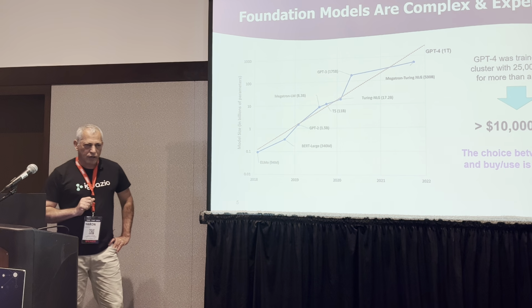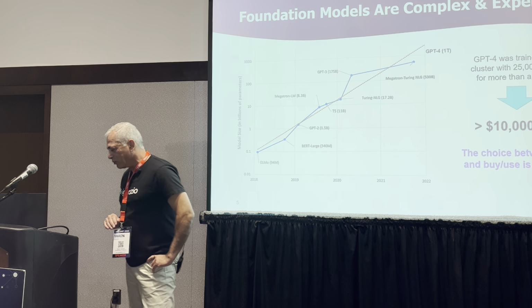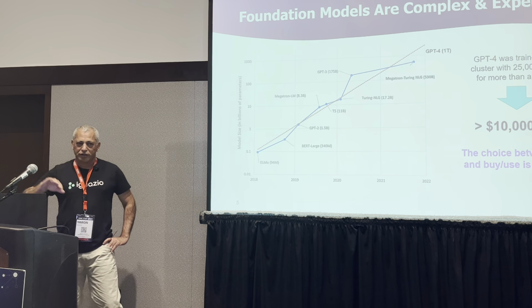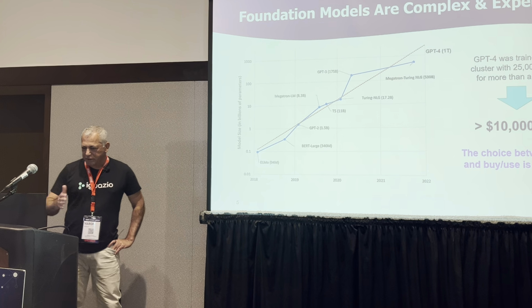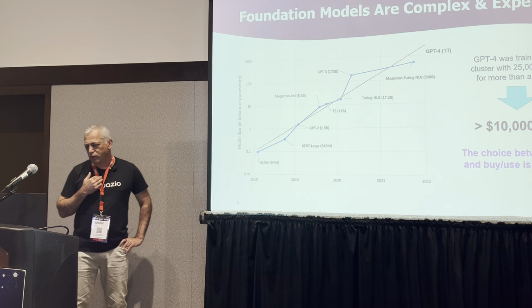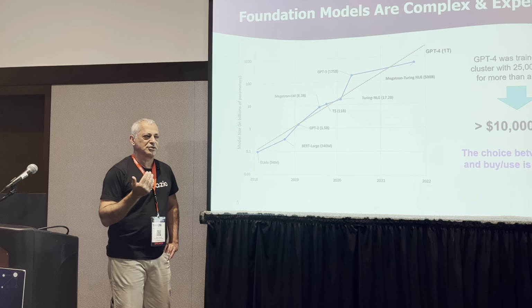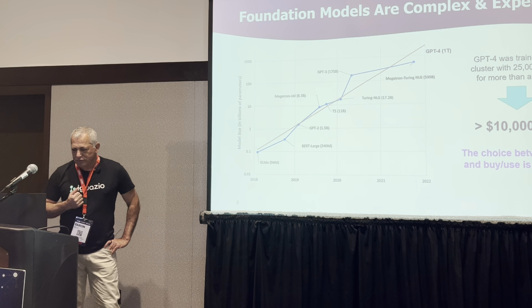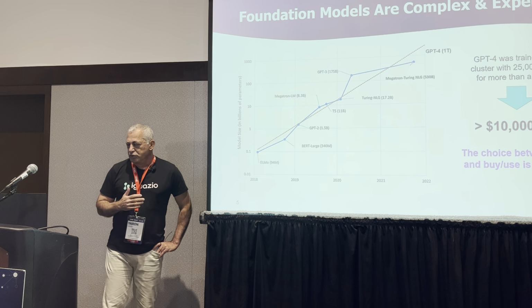Just to understand why you don't want to train your own foundation model, this is a chart showing the number of parameters over the years. GPT through 3, 4. GPT-4 has 1 trillion parameters. GPT-3 has 175 billion parameters. Okay, so this is a huge amount of data.